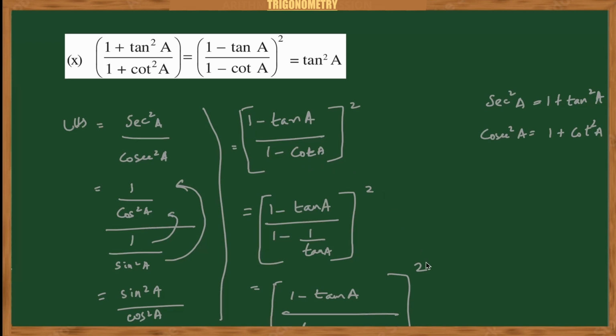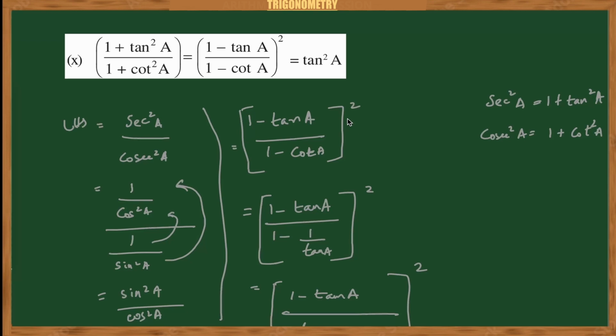Okay students, let's move to, I hope this is the last question which we have. So let me reiterate here. For this exercise, especially for trigonometry, there are three formulas you need to remember. One is sine square theta plus cos square theta is equal to 1. Then secant square theta is equal to 1 plus tan square theta, and cosec square theta is equal to 1 plus cot square theta.